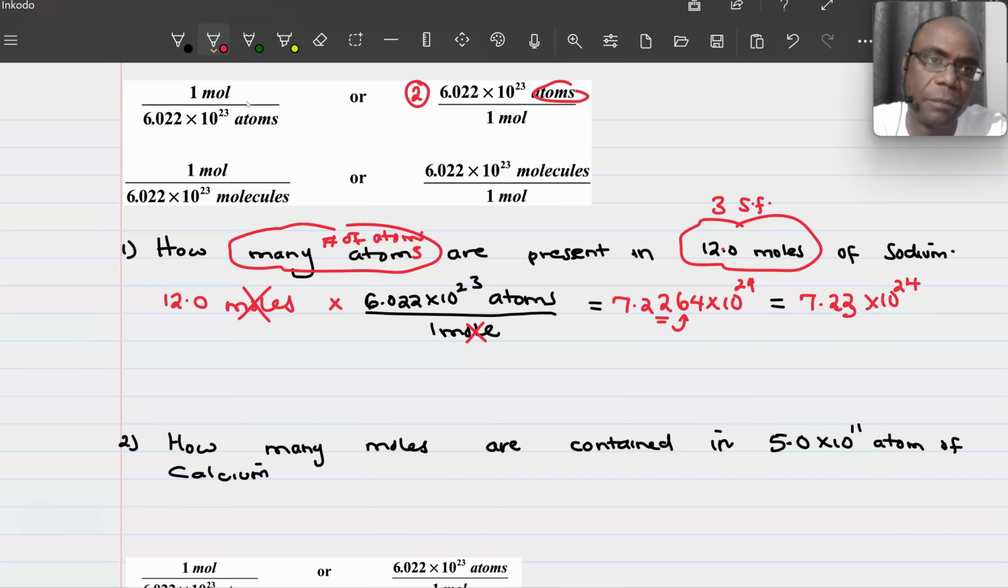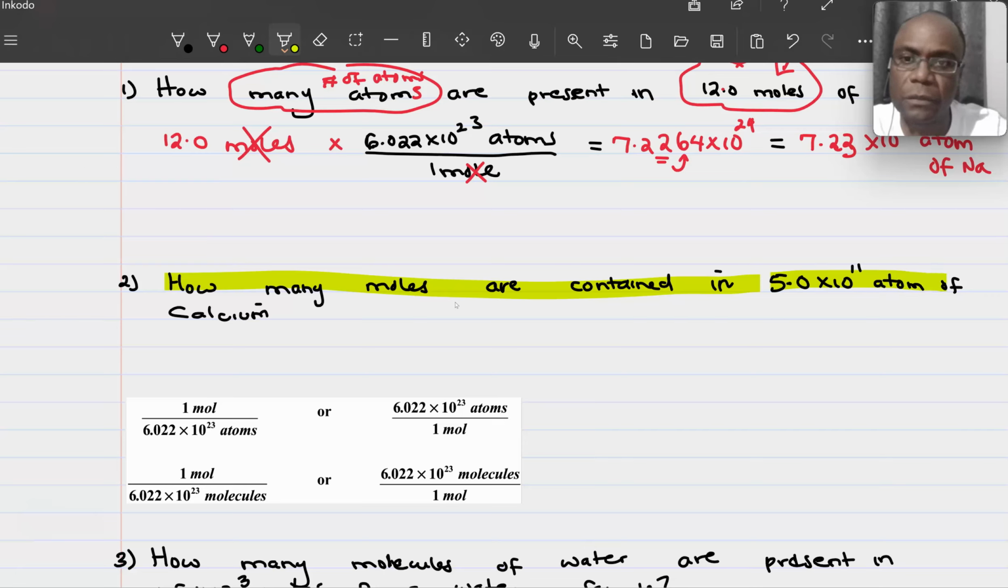So that's it. Then the next one, how many moles are contained in this much number of atoms of calcium? It's 5.0 times 10 to the power 11 atoms of calcium. So this time I'm going to find the number of moles related to the number of atoms.